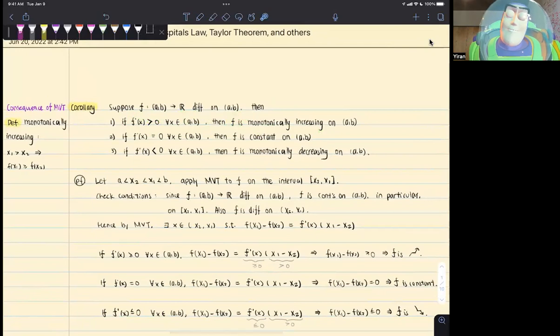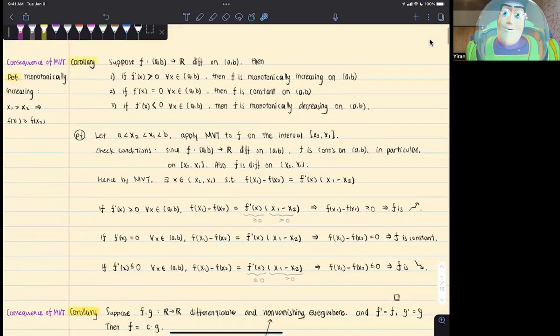And similarly for constant, if the derivative of f is equal to 0 for every point on this interval, then f is constant on (a, b). And if the derivative of f is strictly smaller than 0 for every point on this interval (a, b), then f is monotonically decreasing on (a, b). Okay, I hope that's clear.